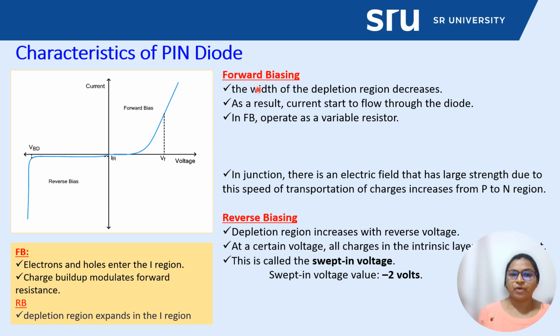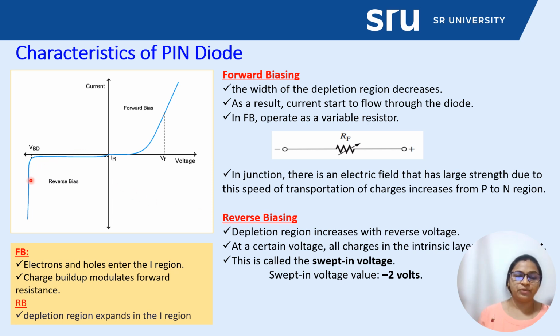So in forward bias, this diode can work as a variable resistor. This is the resistor symbol, and the arrow mark on the resistor symbol is indicating that this is a variable resistor. That means we can change the resistance. In this junction there is an electric field of large strength, due to which the speed of transportation of charge increases from the P to N region.